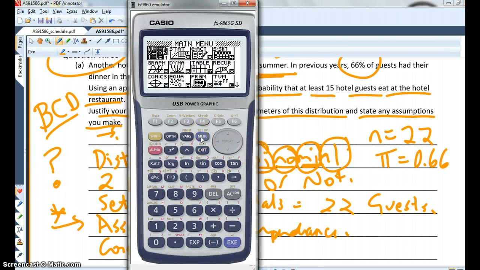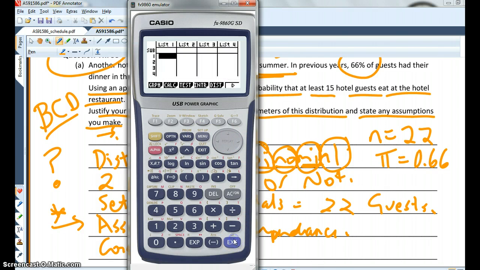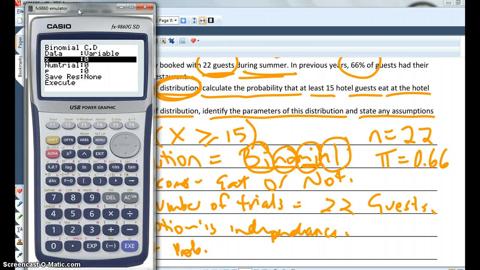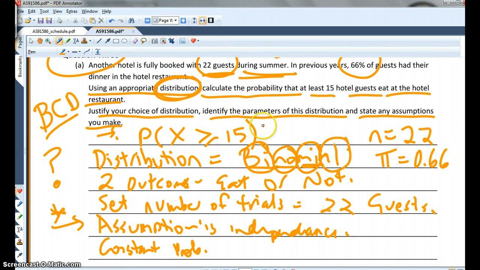We go menu, we go to stats, we go to distributions, we go to binomial, we go BCD, and it's variable. Now, with the binomial, we've got a problem, haven't we? X was, if I look at this, greater or equal to 15 is the same as 1 minus the probability of X being less than 15.